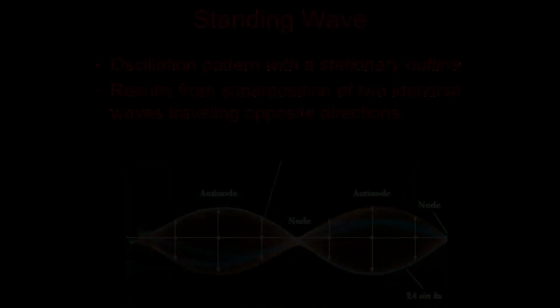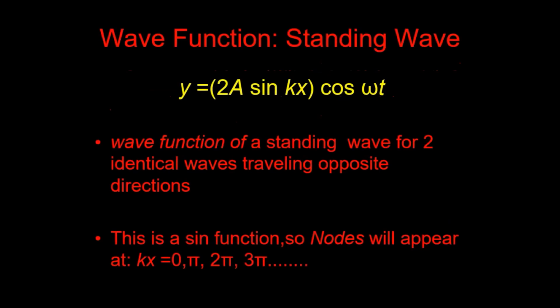So the wave function for a standing wave will be that the displacement y will be equal to 2a sine kx cos omega t. And this applies for any standing wave. You can see this result is very similar to one for an interfering wave system, and this is for the wave function of a standing wave for two identical waves traveling in opposite directions.